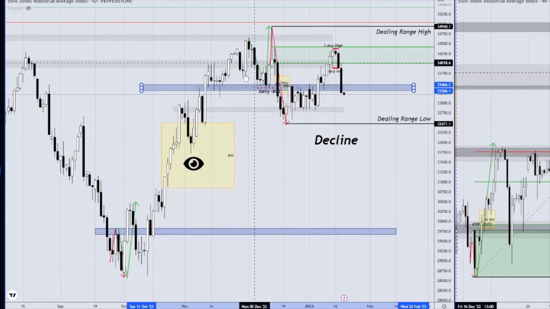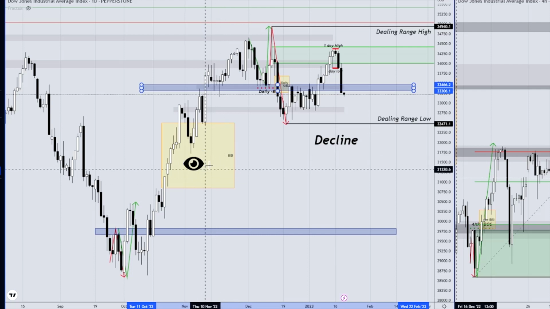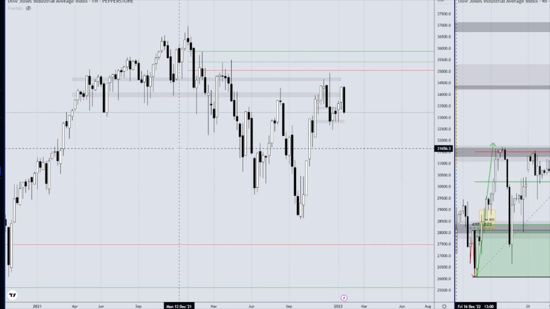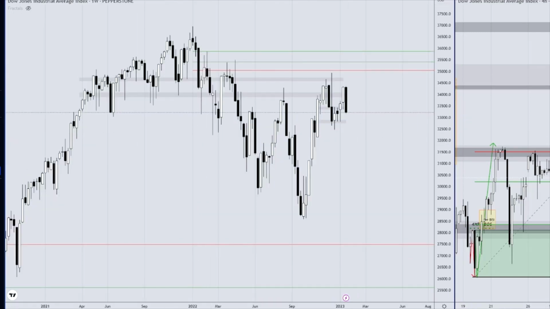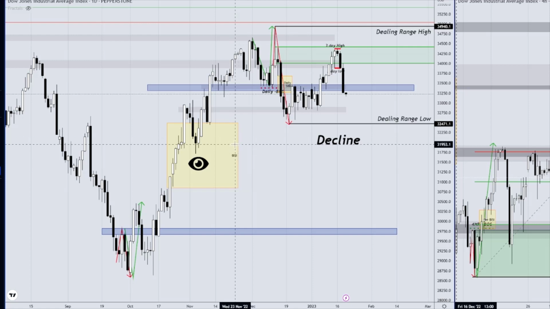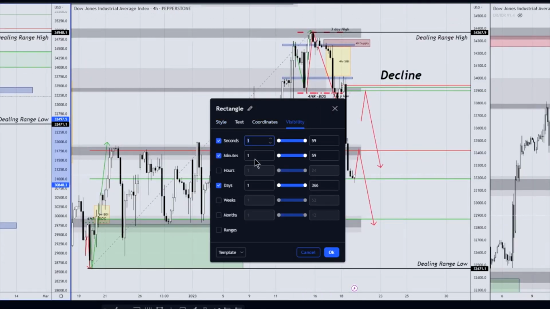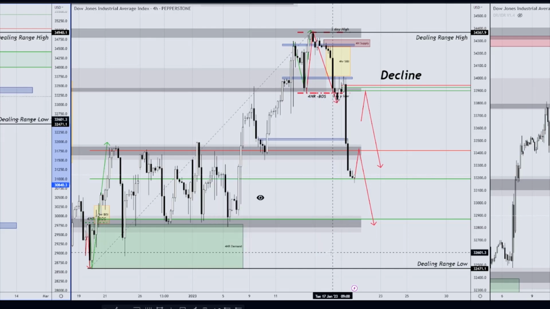On the 4 hour, on the weekly, this is the busy. If I go to the weekly very quickly, you'll see it. Switch on the weekly.